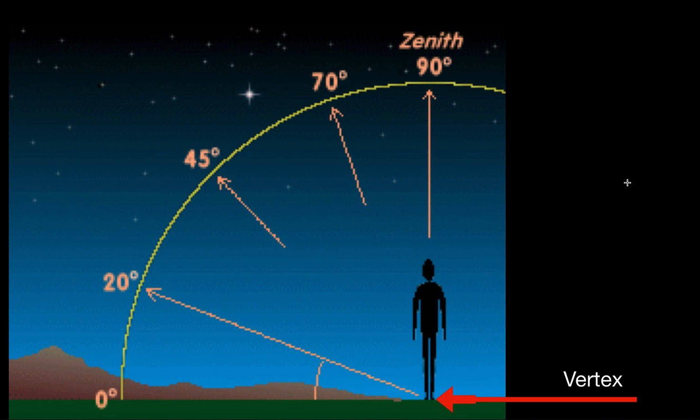So how do you get an angle? First of all, you need the vertex and the zenith. So you need a perpendicular, a horizontal and a vertical. So this is your 0 degrees out here from your feet. This is your zenith straight above your head, which would be 90 degrees.